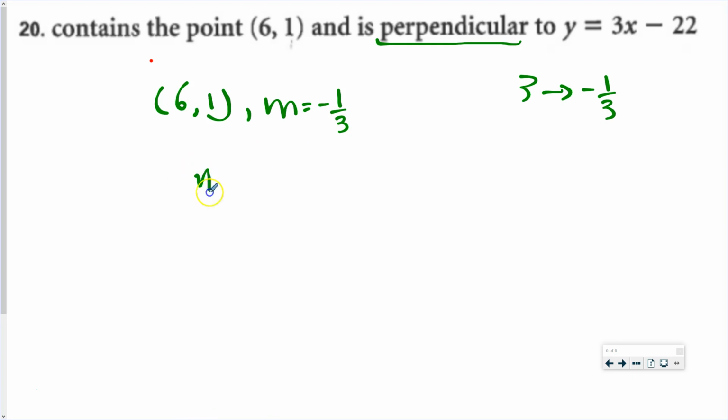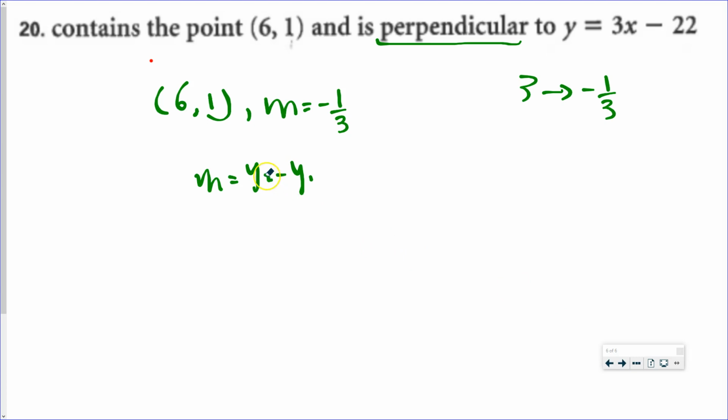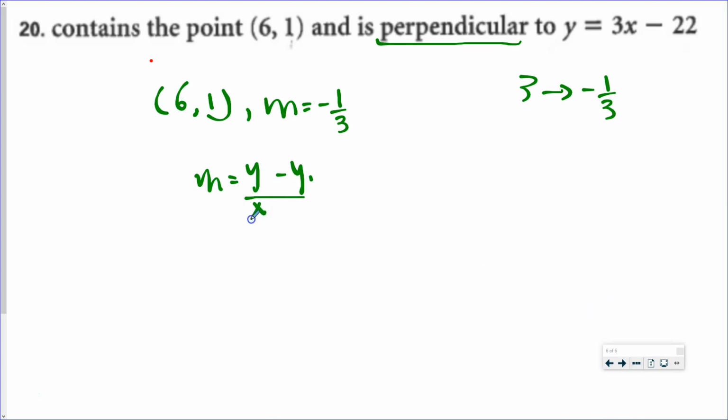So point slope form again. I should avoid writing too fast because I keep making that mistake. So point slope form, slope negative 1/3, y minus 1, x minus 6, cross multiply 3, y minus 1, that negative 1.